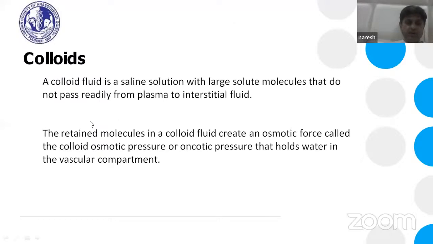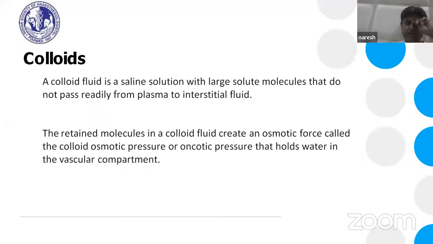On the other hand, colloids are large molecular weight solutions which stay in the circulation for more time. They stay in the plasma, increase the intravascular volume, and transfer late into the interstitial space. Apart from increasing the intravascular volume, they also increase the oncotic pressure a bit, which helps to retain the fluids within the circulation.